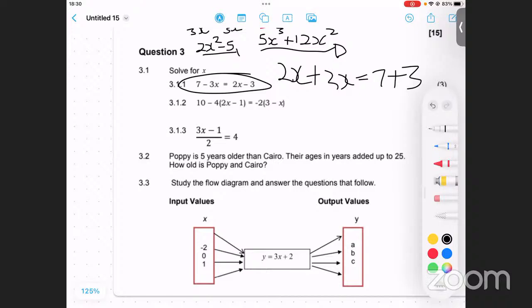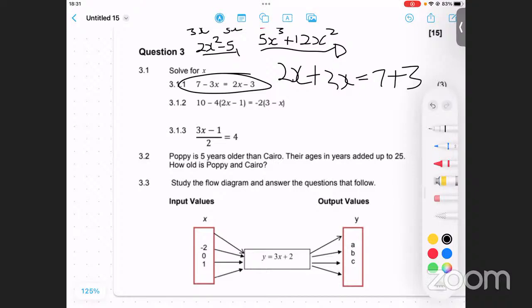Okay. And then you're going to take the like terms, which is 12x minus 2x, but then you're going to change it to a positive because minus and minus equals positive. So it's going to be 12 plus 2, which is going to give us 14x.